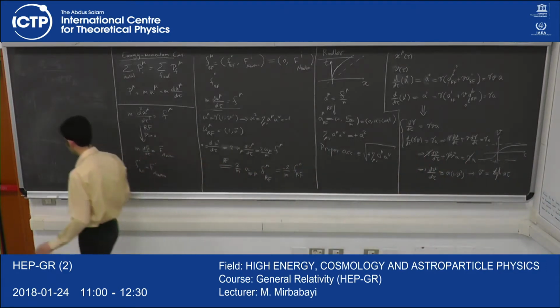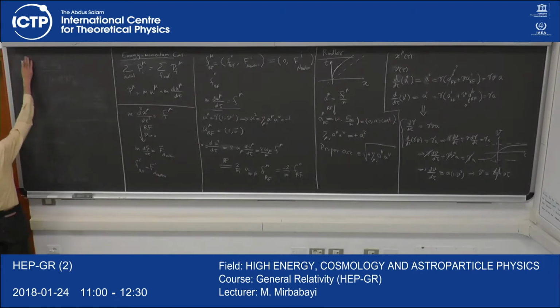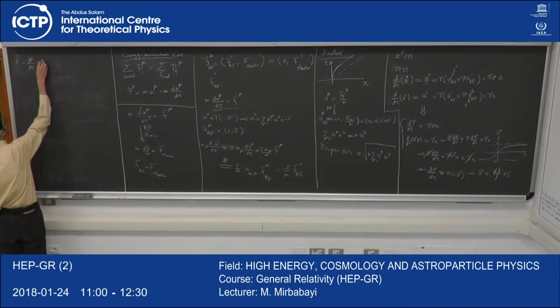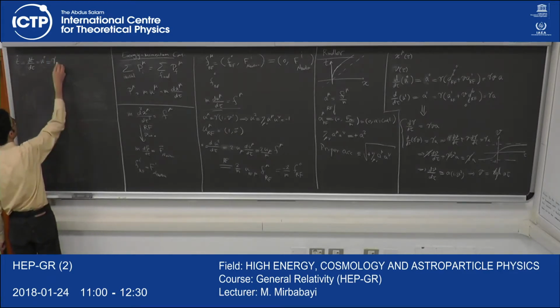Okay, now that we have v, we can calculate t dot and x, or x mu of tau. So first of all, t dot. By the way, I use dot for the derivative with respect to the proper time. So that is just u0, and that is gamma.